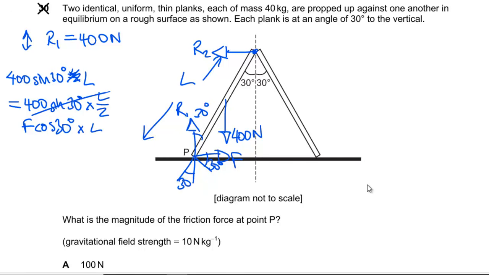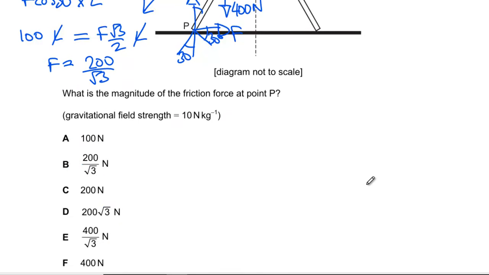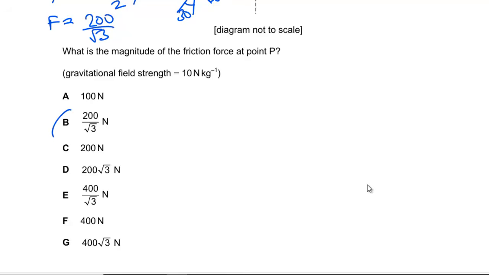So I can take that off of both sides, which is just going to make that 400 sine 30 times L over 2. So I've got 100 L is equal to F root 3 over 2 L. Get rid of those. F is equal to 200 divided by root 3, which is answer B.